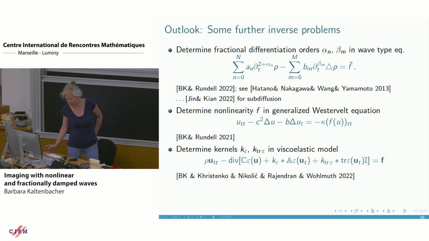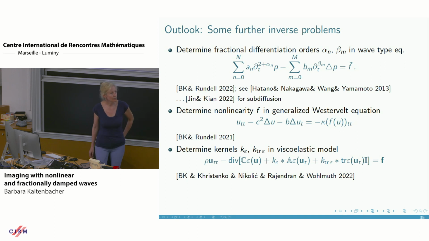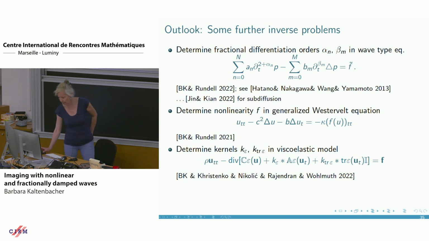So the more general thing would be to make an ansatz with a general function f that links pressure and mass density. And we looked at this and actually at the reconstruction of this function f, again from boundary data, and that's also a result that we had recently.